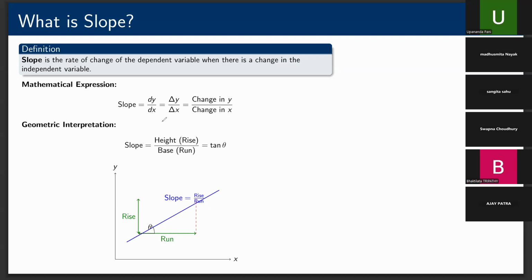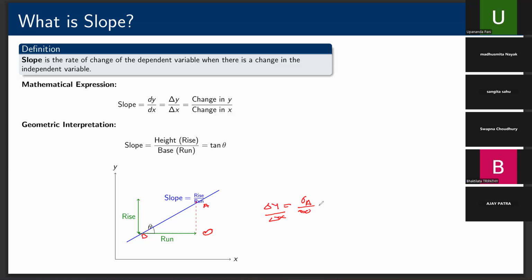Let this point be point A, and this point be point B. When you move from B to A, how much change in y? Suppose this is O, change in y will be OA, divided by how much change in x occurs, that is BO. So this is the slope.